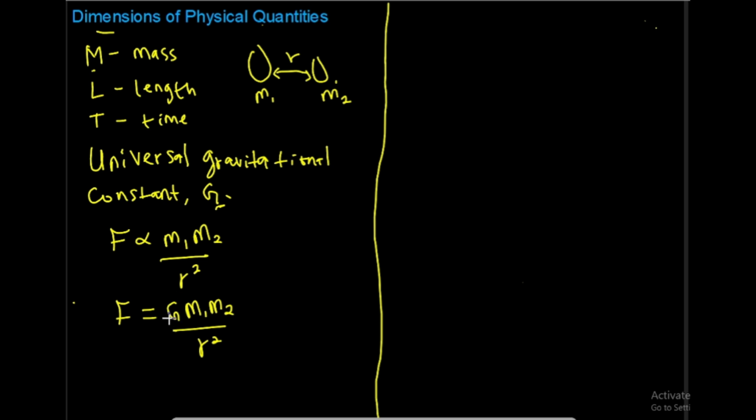We need to make G the subject of the formula so that we can have G equals, then substitute our dimensions. Making G the subject of the formula, F here is the same as F over 1. If we cross multiply, that will give us G m1 m2 times 1, so G m1 m2 equals F multiplied by r squared, that is F r squared.